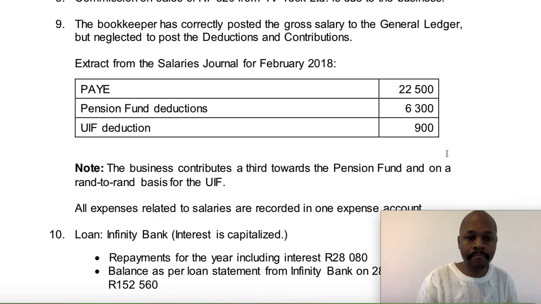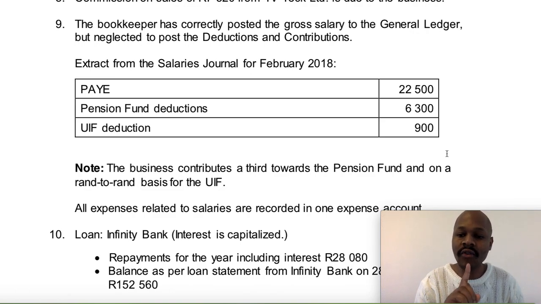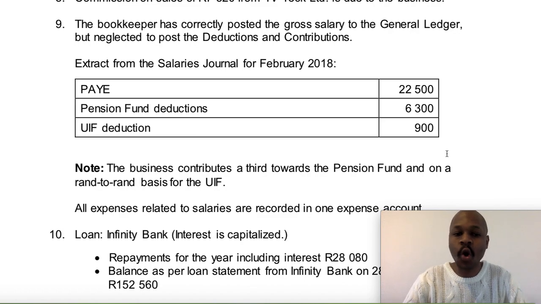They say the business contributes a third, or 1/3, towards the pension fund and on a rent-to-rent basis for the UIF, meaning you match what the employee pays towards UIF.